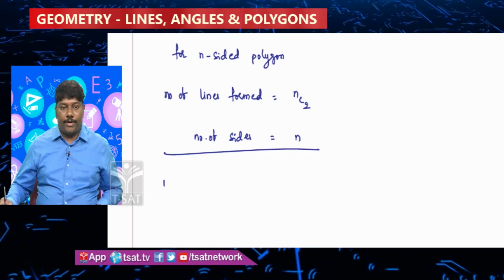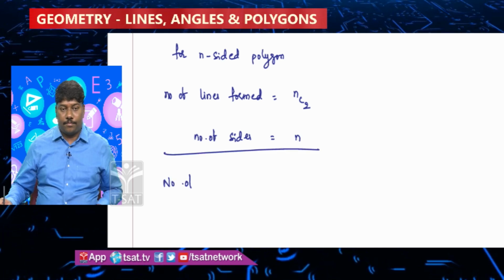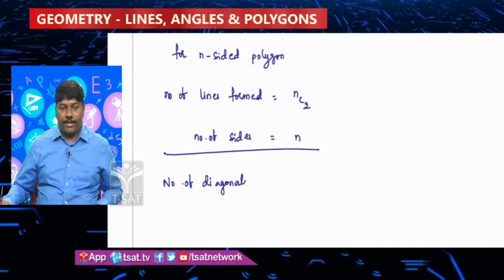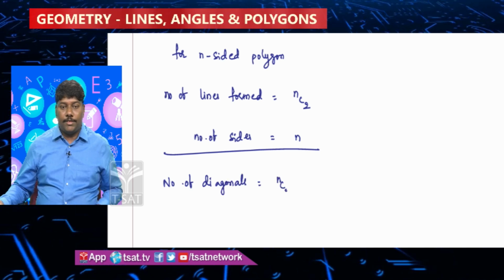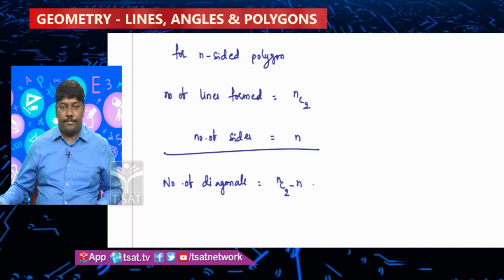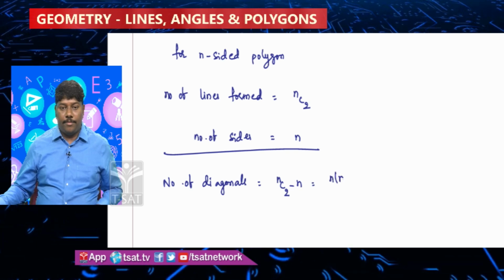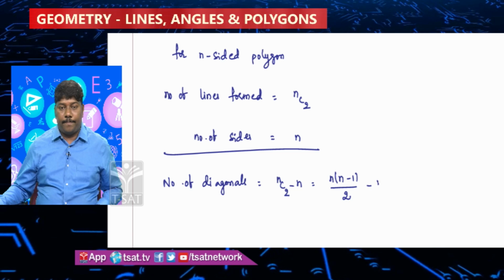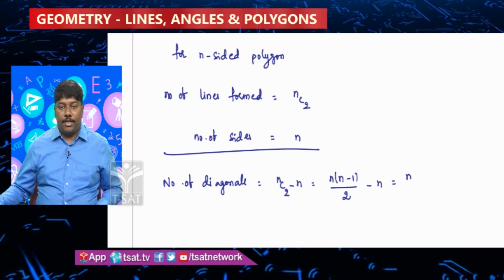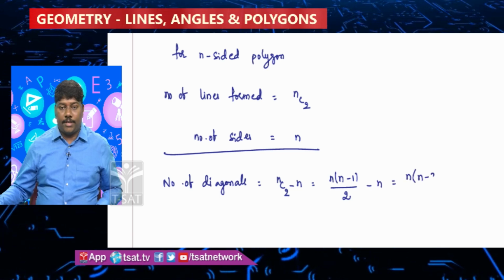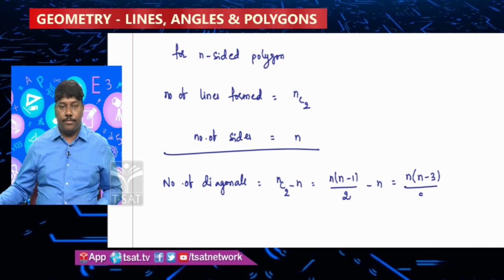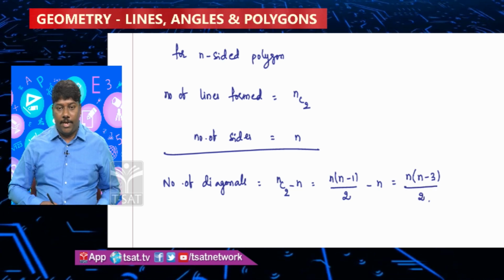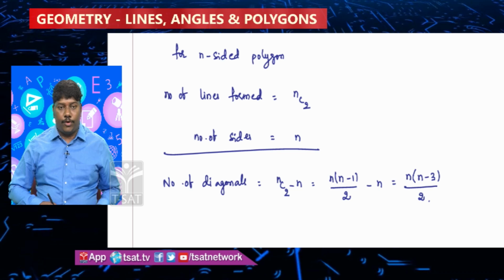Now we will get the number of diagonals. Number of diagonals is equal to nC2 minus n, that is n into n minus 1 by 2 minus n. If you simplify it, it will be n into n minus 3 by 2. So the number of diagonals formula is n into n minus 3 by 2.